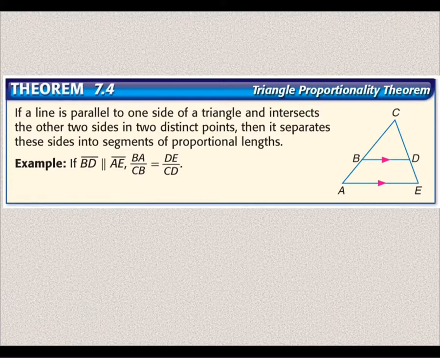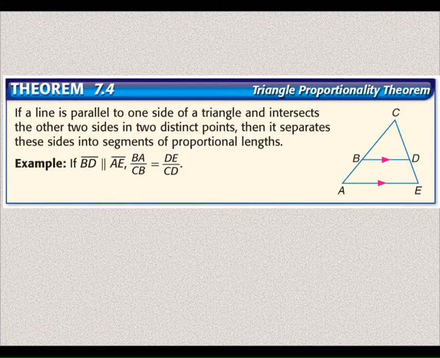It says if you have a line that's parallel to one side of a triangle, and it intersects the other two sides of the triangle, like this here, then it separates it into segments of proportional lengths.